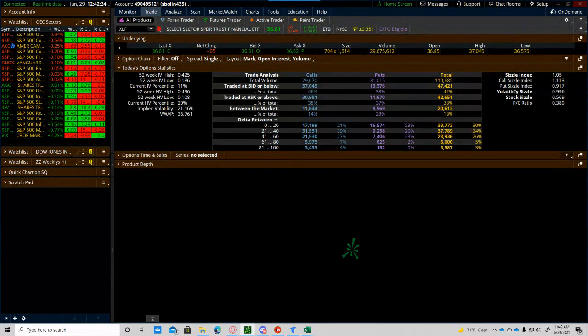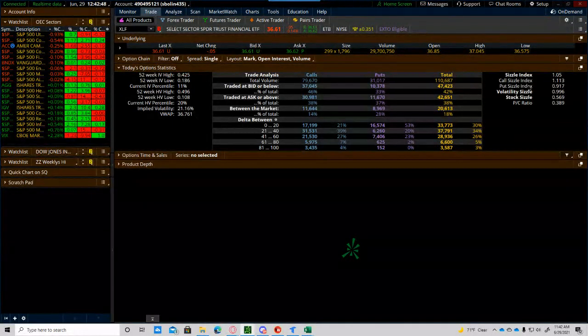Same on the put side. The put Sizzle is a 5-day put volume. If it's greater than 1, then we're running a higher put volume today than the previous 5-day average. The Sizzle index is putting these two together and giving you the aggregate total. Where is its Sizzle today?